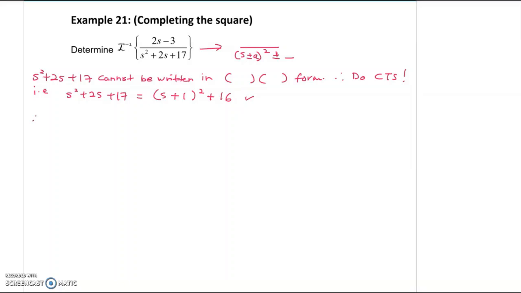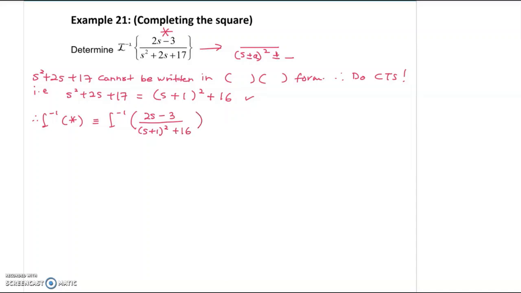So it means that the expression that you want to get, assuming this is the star term, is now equal to the inverse of 2s minus 3 over, you write your completing the square form, s plus 1 squared plus 16.